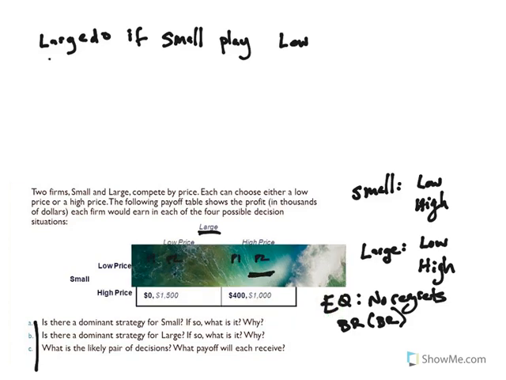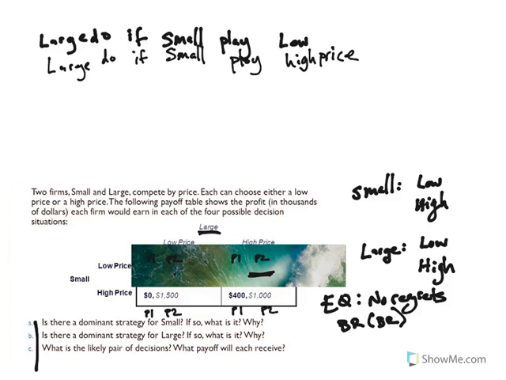Now let's think about what large will do if they knew that small was going to play the strategy high price. Okay, so we've covered up low price so it doesn't distract us. And again, player 1 is the first one, player 2 is the second.